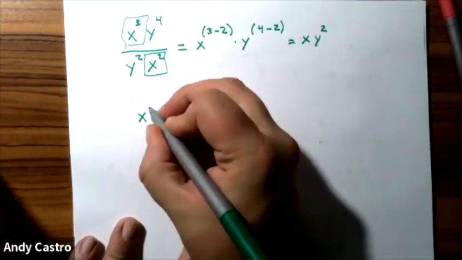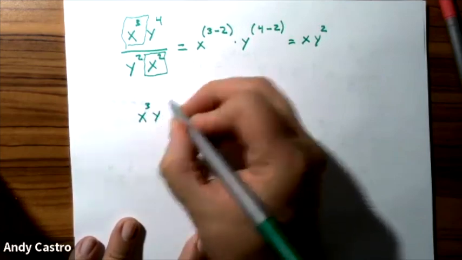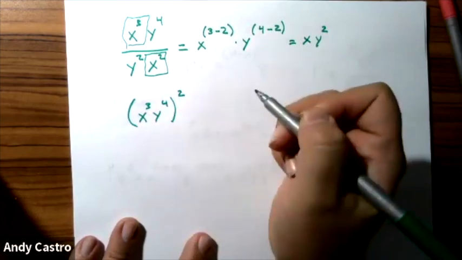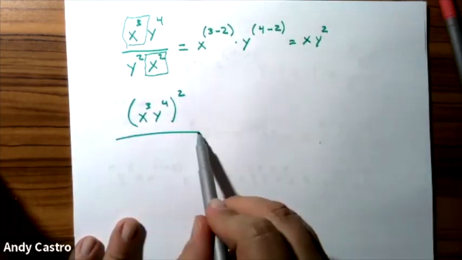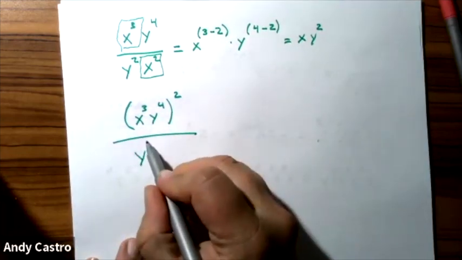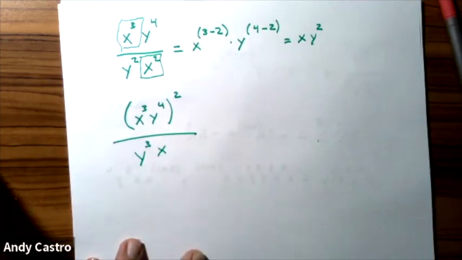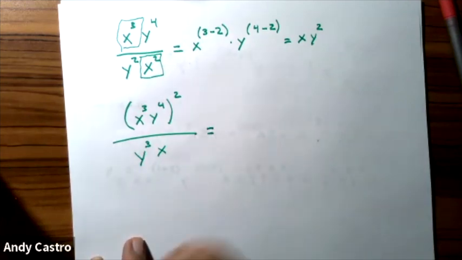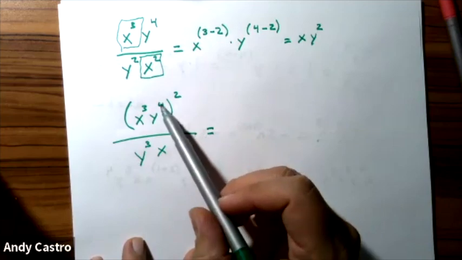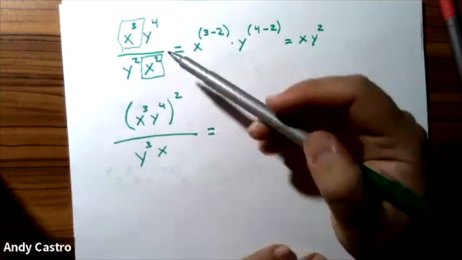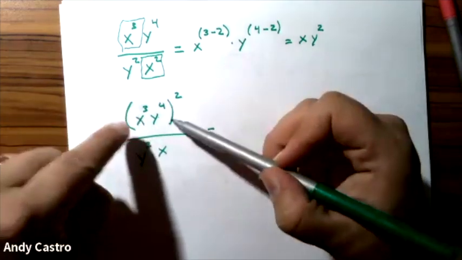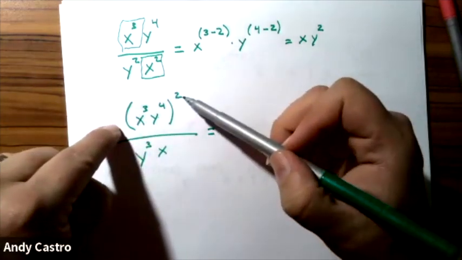Now I'm going to do x to the third times y to the fourth raised to the second power divided by y to the third times x. Okay, we're going to get a little bit more complicated here. I don't want to come in here and just do y to the fourth over y to the third, because I have these parentheses and the exponent on the outside.